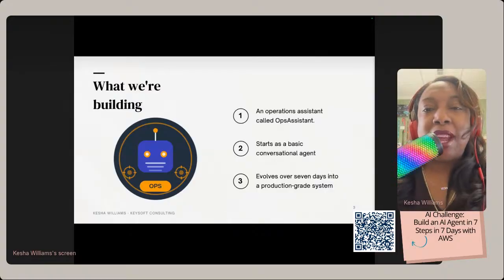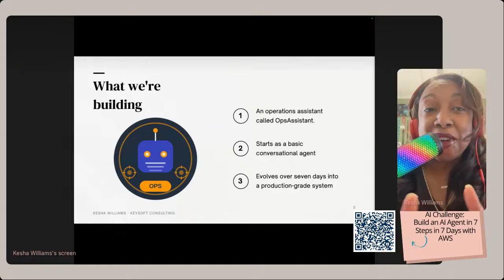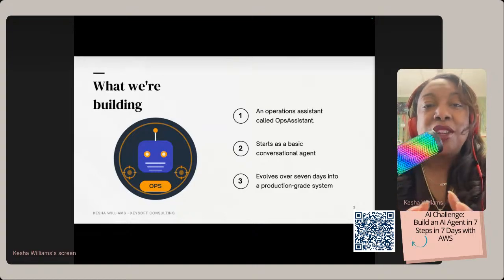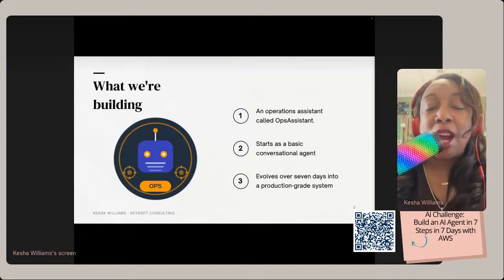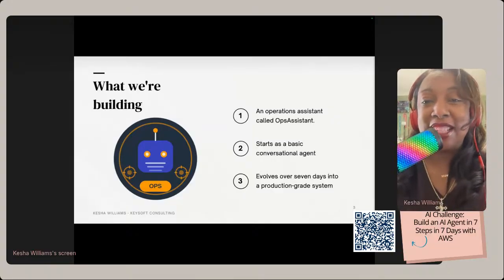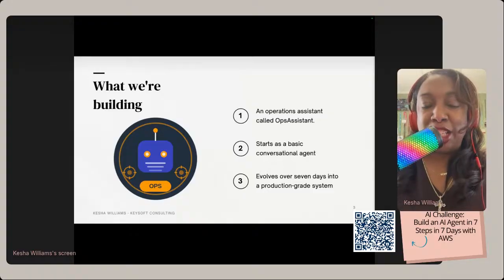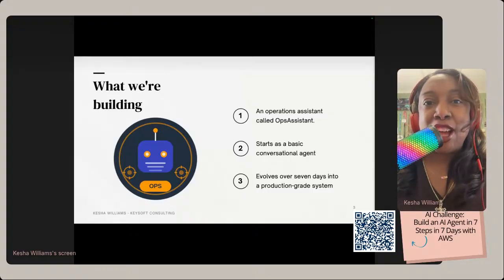So let's jump right in and talk about what we are building over the 7 days. You will build an internal operations assistant or agent called Ops Assistant, and it's essentially an agent that helps with IT support, answering questions.